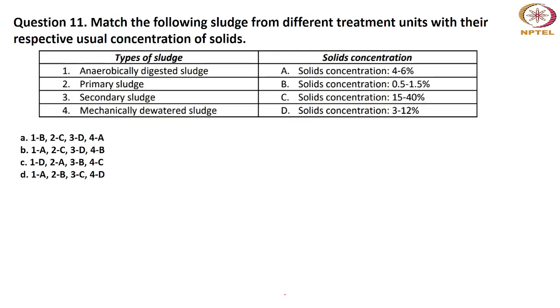The next question, matching type question, types of sludge and solid concentration. This is the usual range, so you have to have this idea a little bit. What should be the range for different types of sludge or different process mechanisms of sludge? Primary sludge, secondary sludge, the mechanically dewatered sludge.